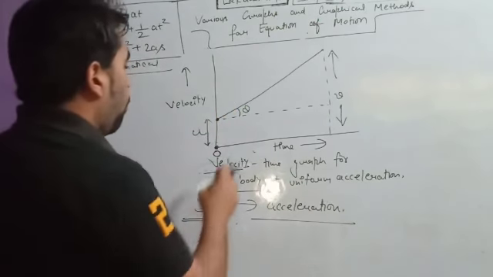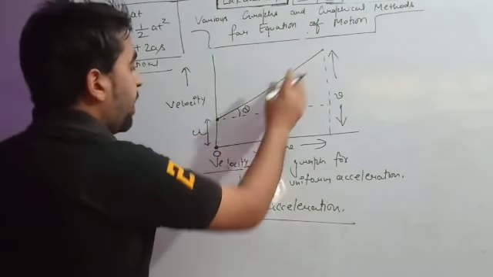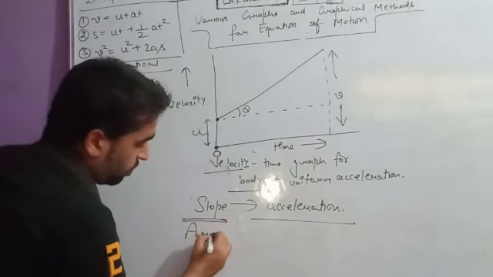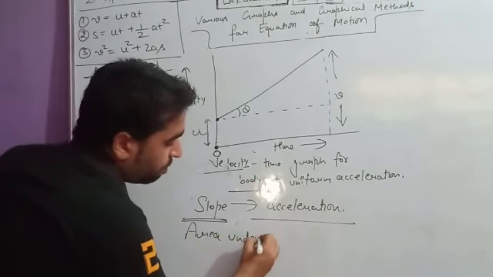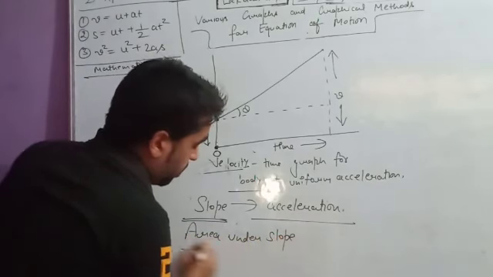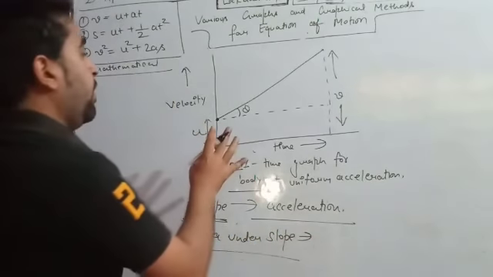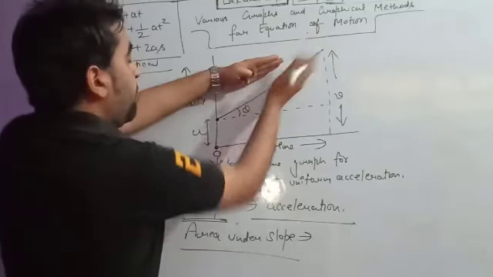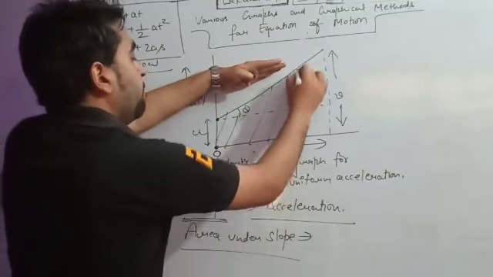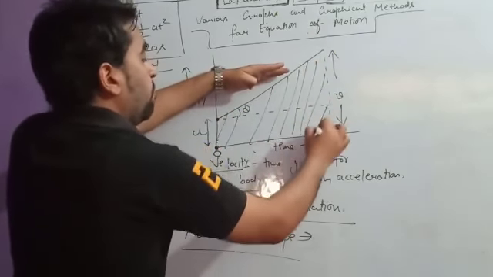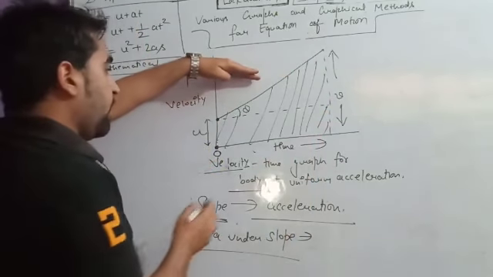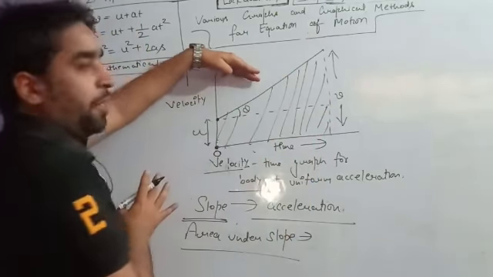Now students, which physical quantity is represented by area under slope? As you can see, this is the slope and this is the area which is being covered under the slope. Which kind of shape is this?